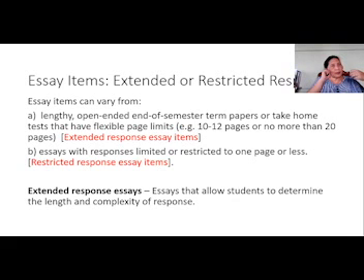In fact, some would say with no fewer than 20 references, printed or online. So lengthy, open-ended, end of the semester term papers or take-home tests that have flexible page limits, like you see in the example. 10 to 12 pages, 20 pages, and so on.